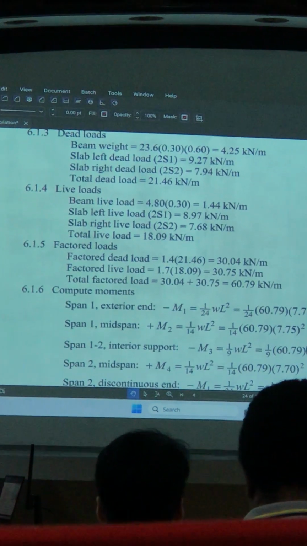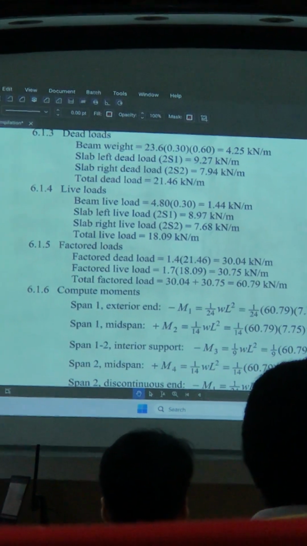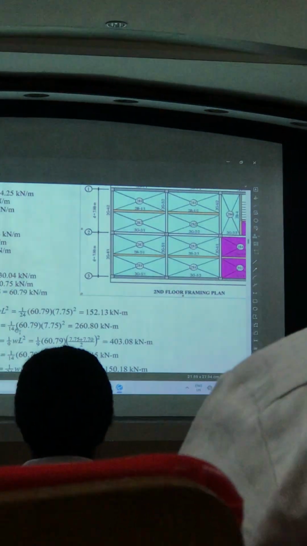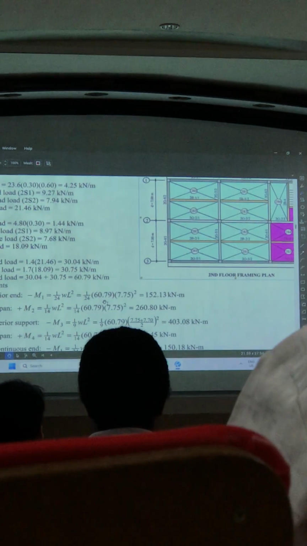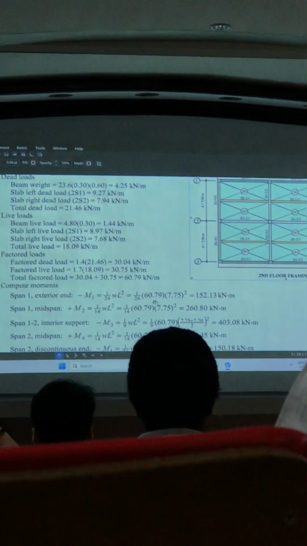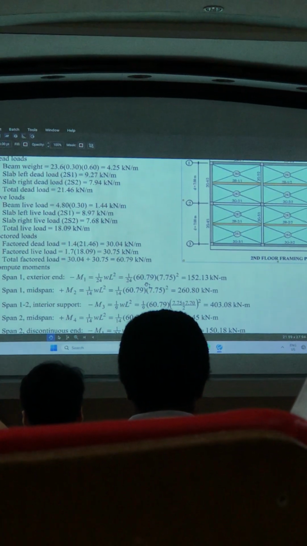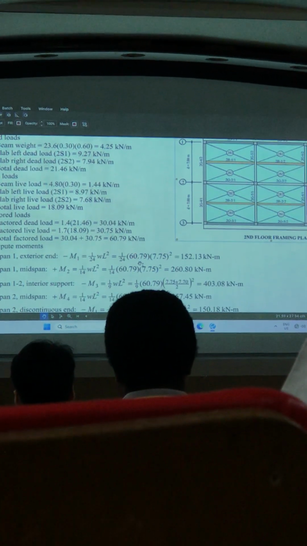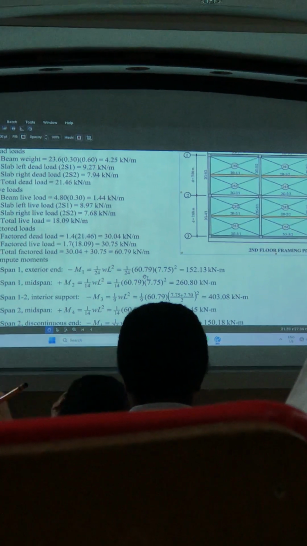Then at the interior support, you have 1 over 9 WL squared. Since there are two spans, so 1 over 9. Okay, so we have discussed that. Here we get 1 over 24, 1 over 14, 1 over 9. At the interior support, you use the average of the adjacent spans. So 7.75 plus 7.7 divided by 2, because that is the average span.